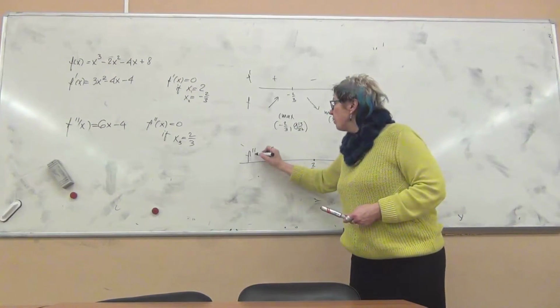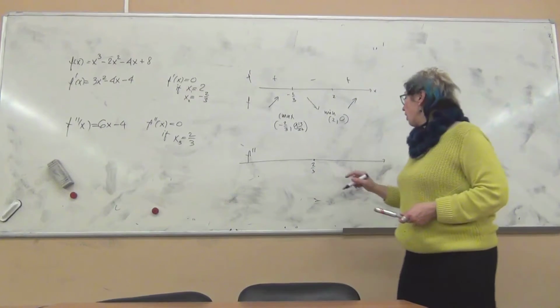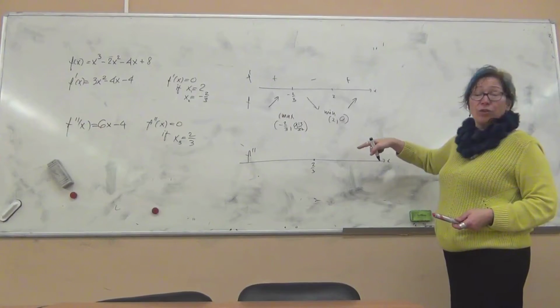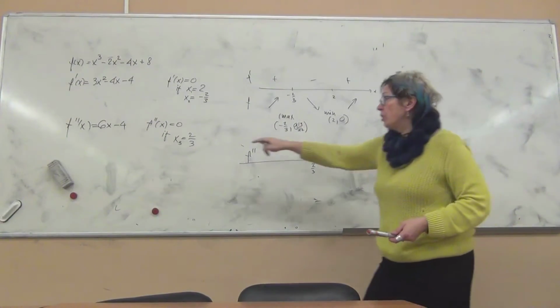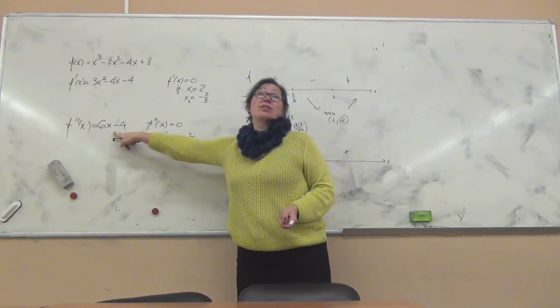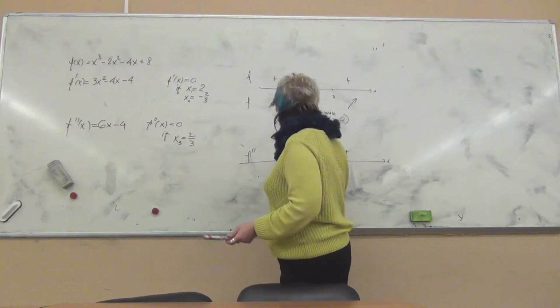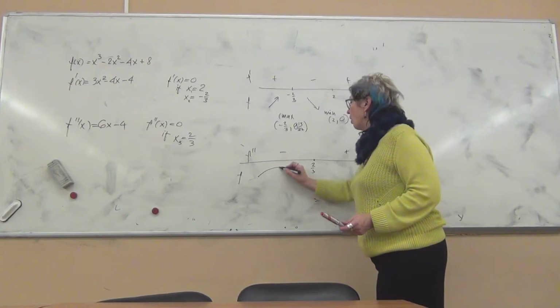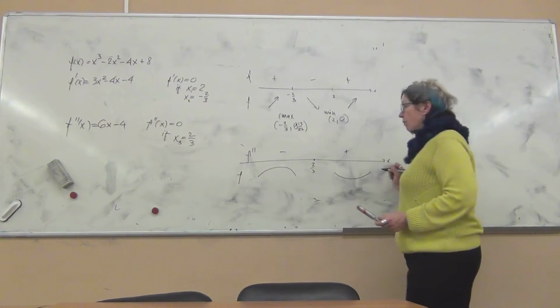The second derivative would be, of course, if x has a large value, then the second derivative will be positive, and if x is very small or negative, then the second derivative is negative, which means the graph of the function is concave down, concave up.